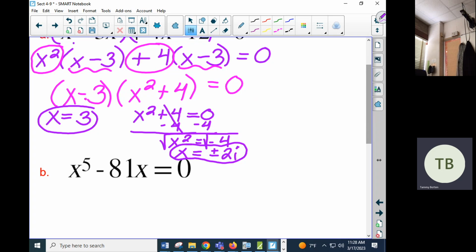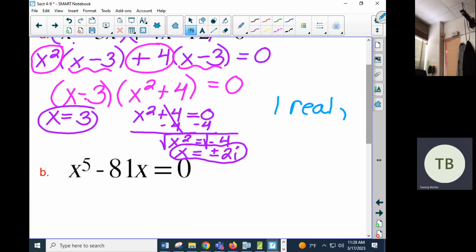Now last try when I taught this, I was really surprised when we got to the test because a lot of kids didn't know how to count the roots and how to say if they're real or imaginary. Do you guys get this is one real number, right? Yep. That's easy. One real. Do you get that this is imaginary? And because it's plus or minus, do you get that's two different numbers?